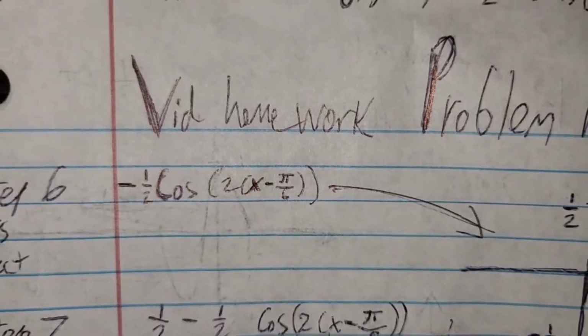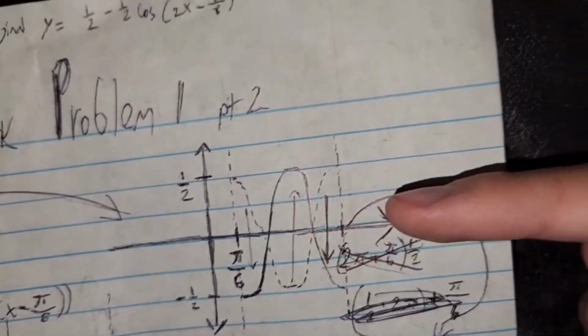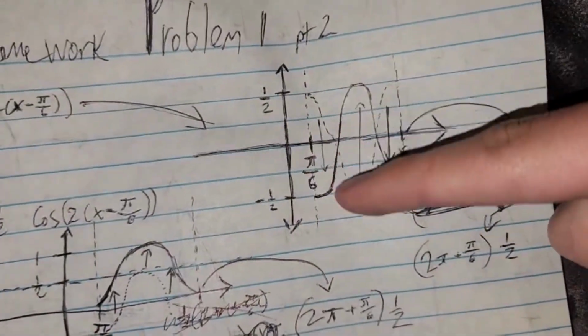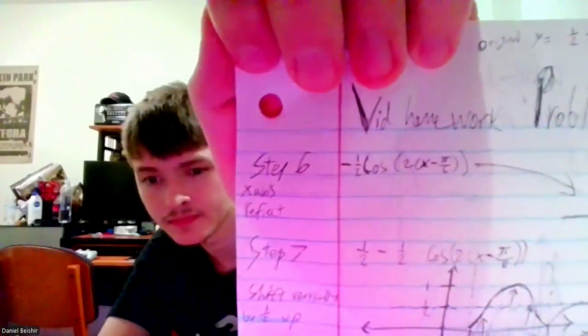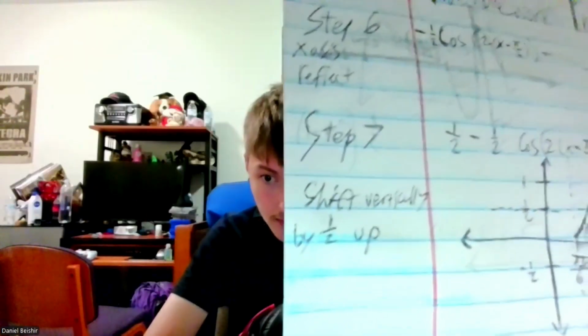Negative 1/2 right here causes the graph to reflect across the x-axis. The next step is to shift vertically by 1/2 upwards, and it just moves the graph above the x-axis. And yeah, that's the first problem.